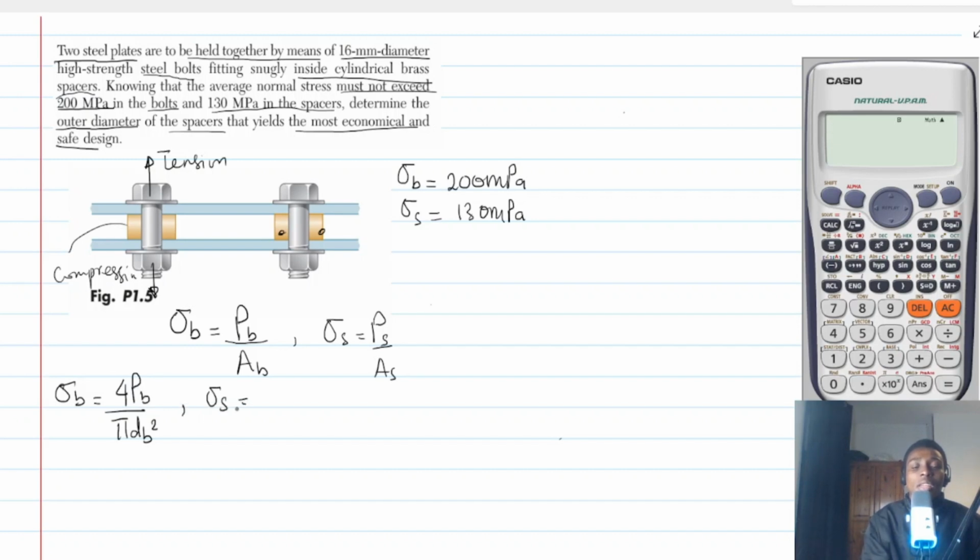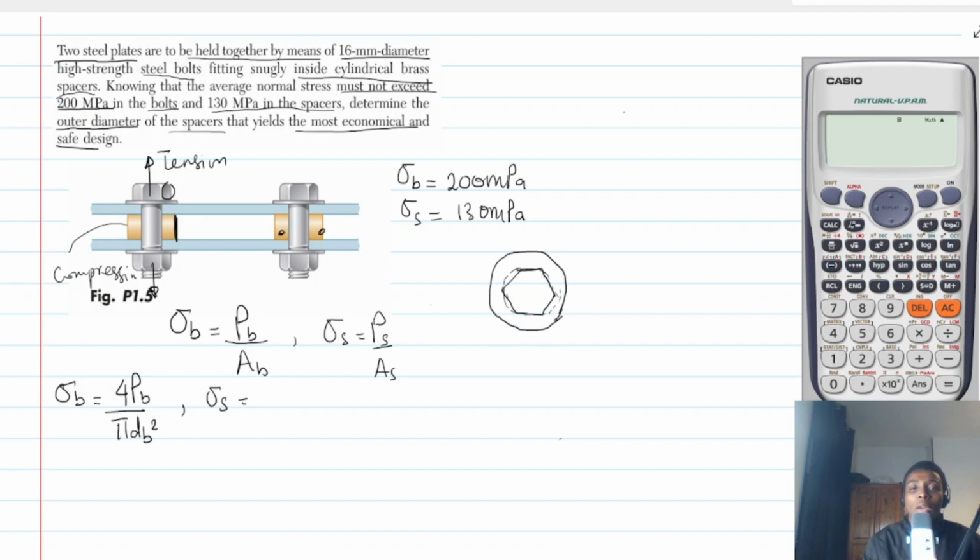Similarly for the spacers, you can clearly see that the actual area of the spacer is calculated from the difference between the spacer and the bolt diameters. Let me do it this way. Your bolt connection looks like this, and then there is this spacer.